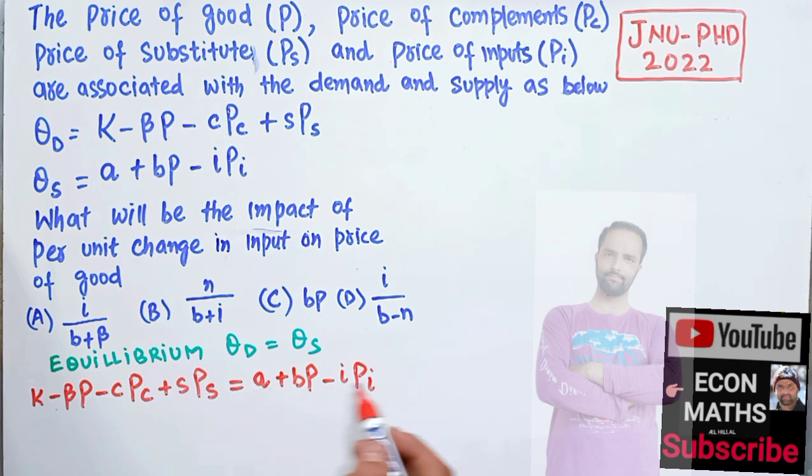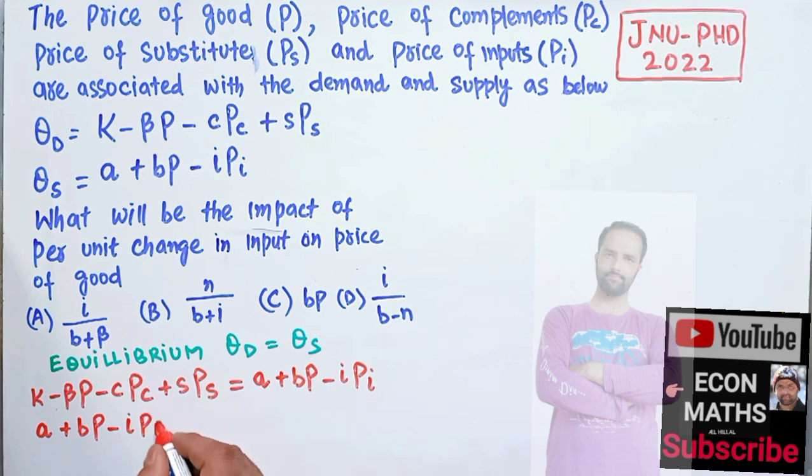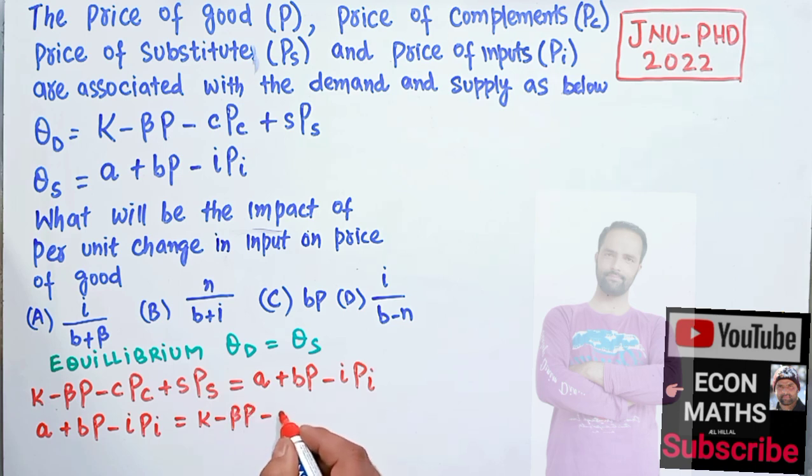Okay, so we can do one thing here. Let me first write this on LHS and this on RHS to make more sense. So we have A plus BP minus I PI is equal to K minus beta P minus C PC minus S PS.